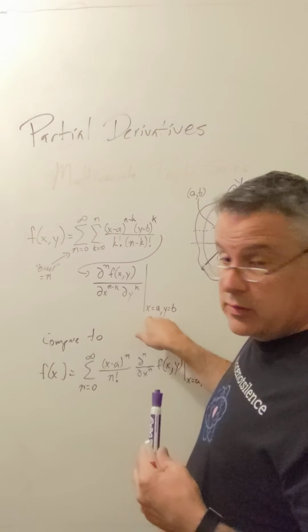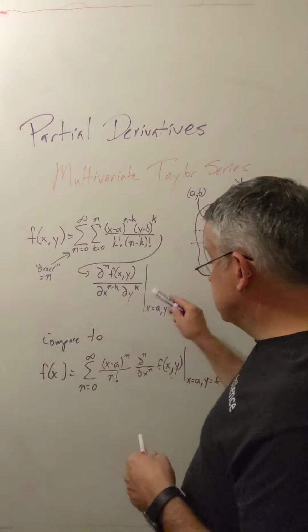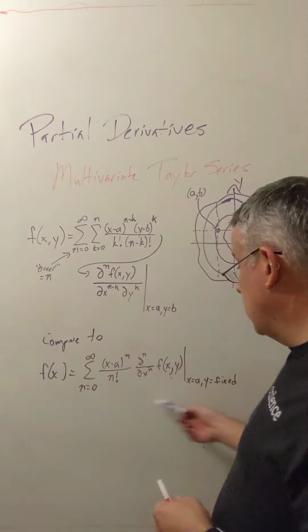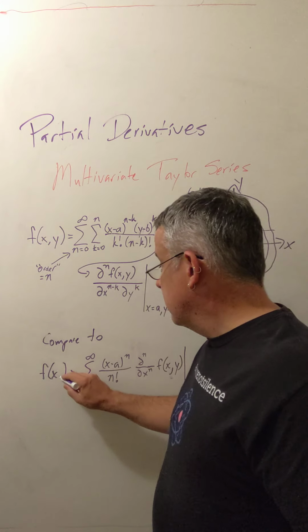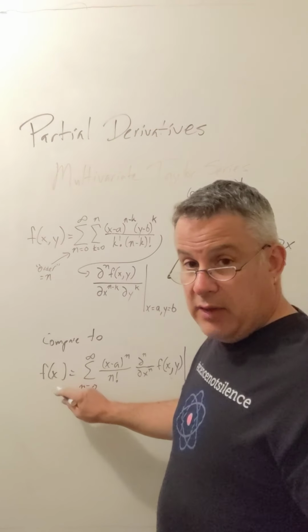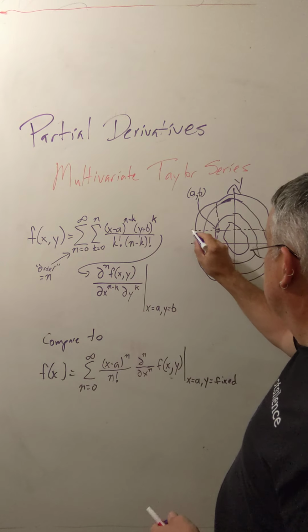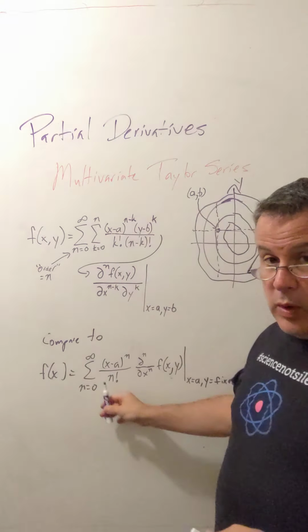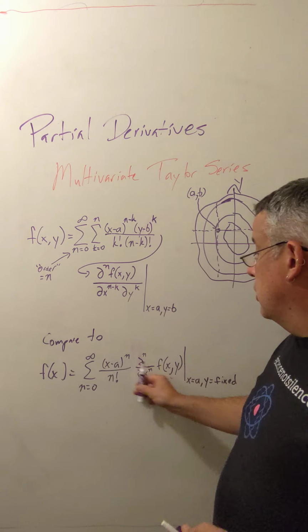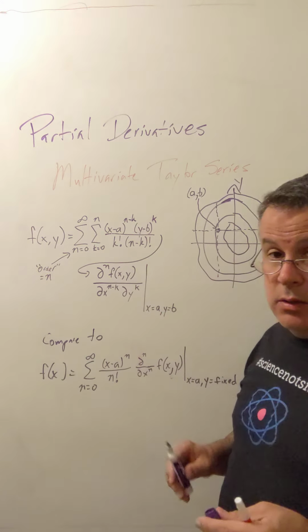And after we've taken all the derivatives, we're still going to plug in for x equals a and y equals b. And so we see if we compare to this formula down here, which is what we do if we just fix y, so make f only a function of x, and that's this one where we took the dash line through here, we would get the same 0th order term with n equal to 0 that we get here.